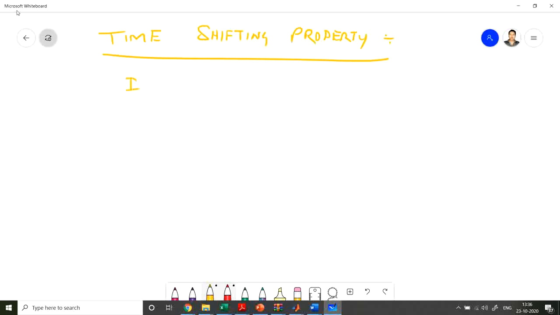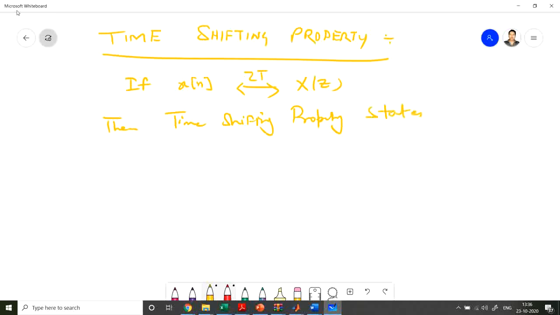According to this property, if x[n] has z transform X(z), then the time shifting property states that for x[n minus m], because we are shifting the time n to n minus m, the z transform is z raised to the power minus m into X(z). So this is called the time shifting property.